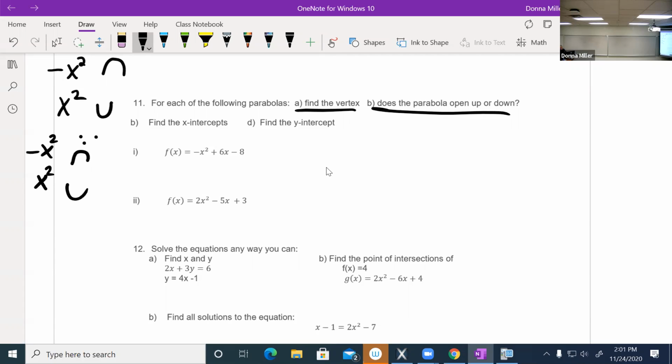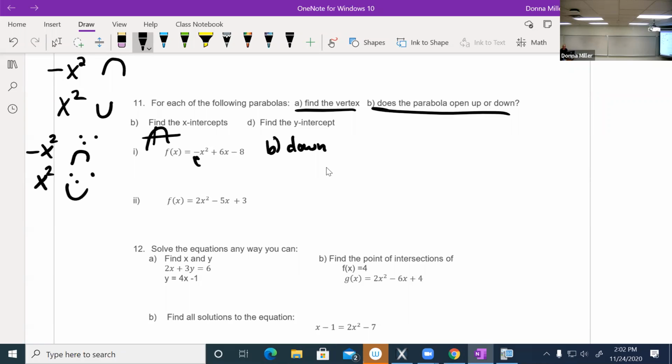Positive people are happy, so you draw a happy face, right? So if the leading term is positive, it opens up. If it's negative, it opens down. I can also just graph it on the calculator, but we're gonna just do this first one by hand. So because the leading term is negative, I know that it opens down. So that's the answer to B. I did that first.